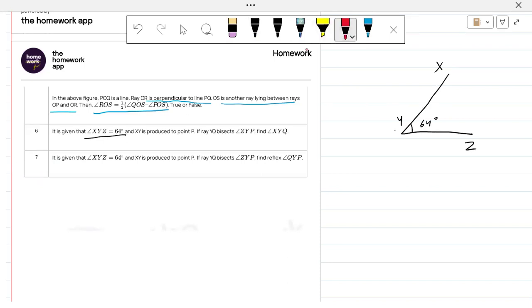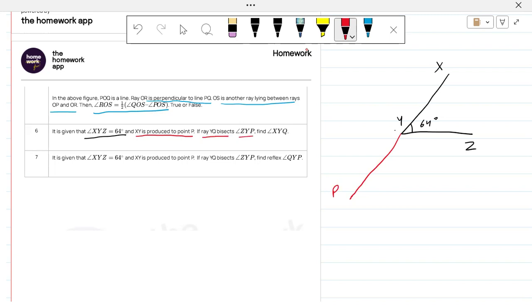After that, it is given that XY is produced to a point P. So you have to produce XY up to point P as given in the question. Then it is given that ray YQ bisects angle ZYP. What is angle ZYP?